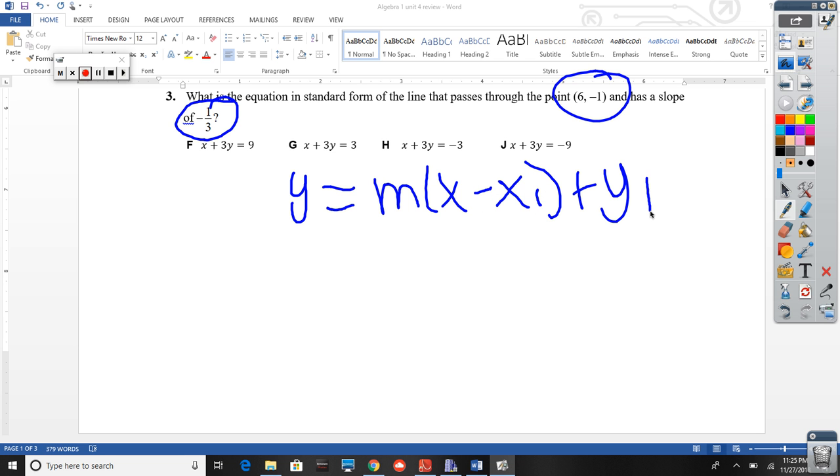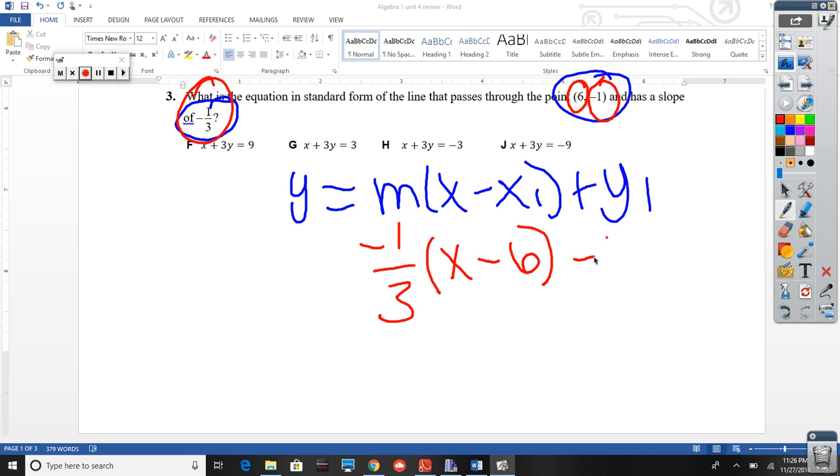We know that the slope is negative 1/3, so I'm going to put the negative 1/3 there. Then we keep the x. We always take the opposite of the 6, so that's minus 6. And then we keep that one the same, so that's minus 1. Now none of these look that way right now. I still need to solve them.